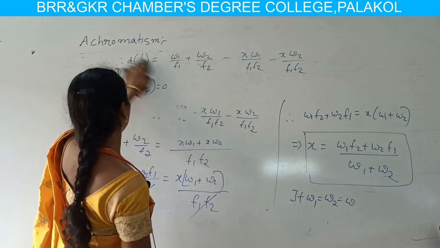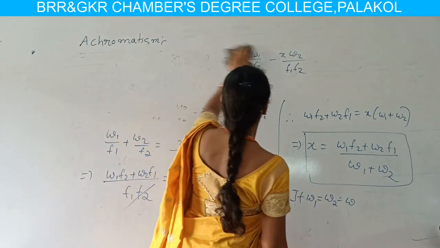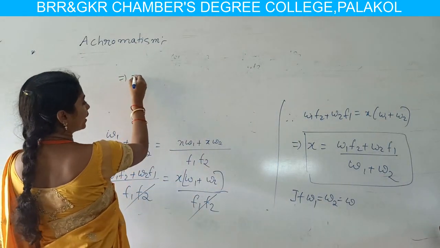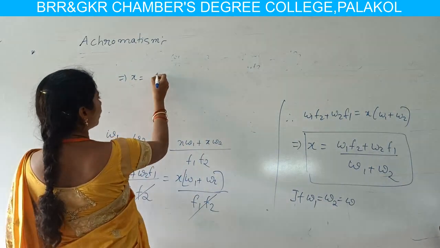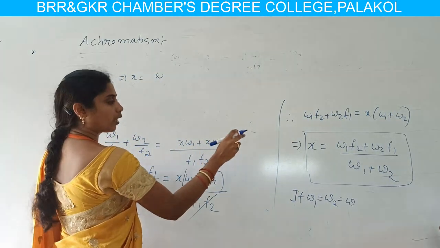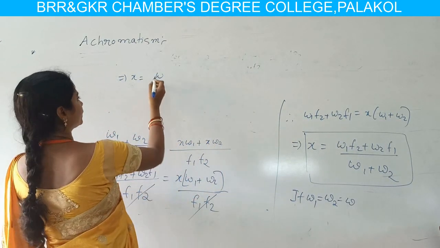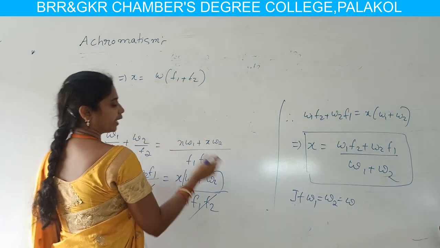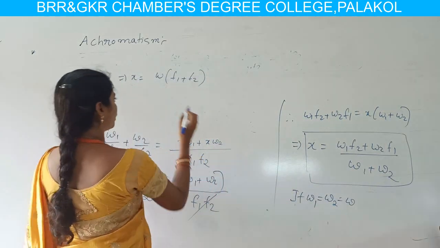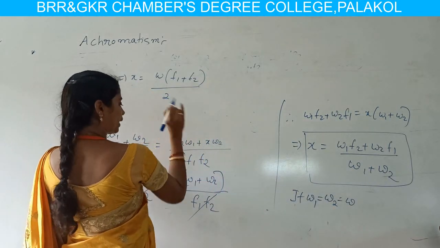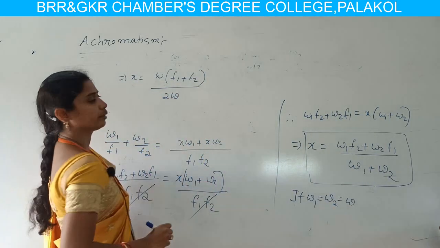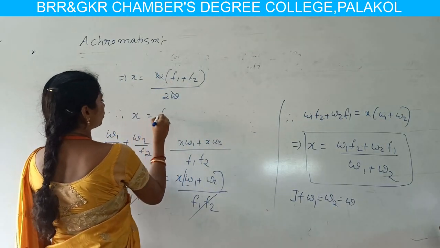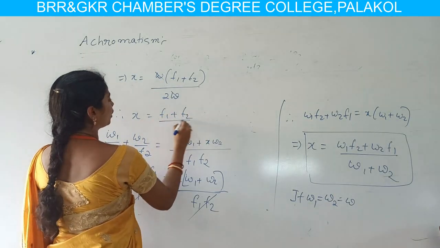Then the equation becomes as follows: x is equal to ω f2 plus ω f1, hence ω into (f1 plus f2), divided by ω plus ω, which is 2ω. By cancelling ω in the numerator and denominator, therefore x is equal to (f1 plus f2) by 2.